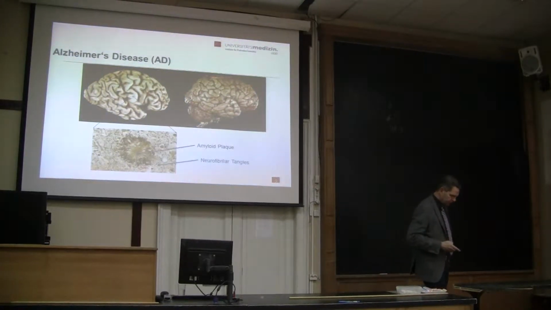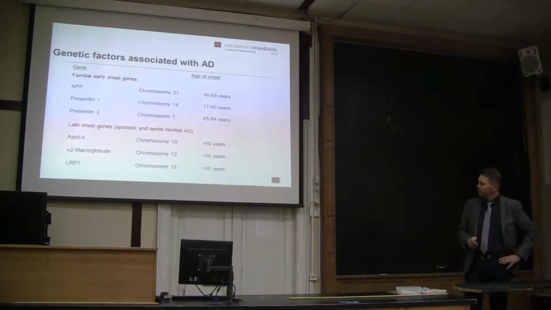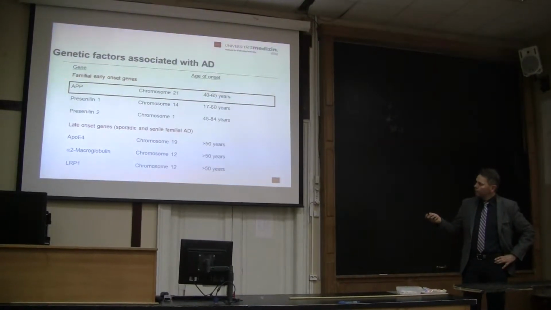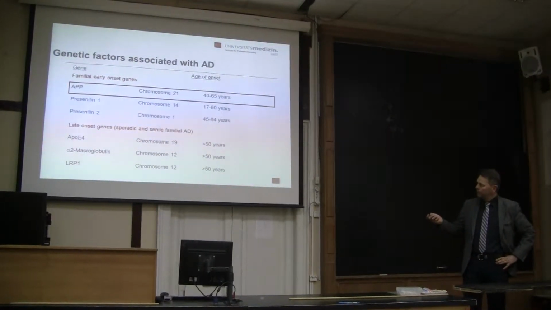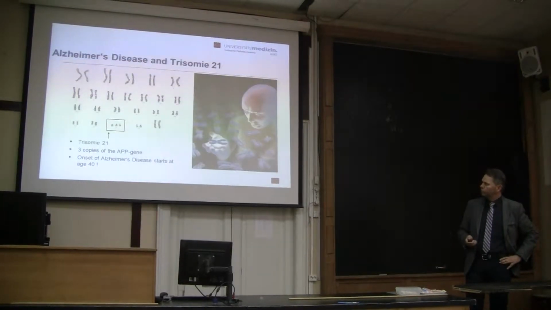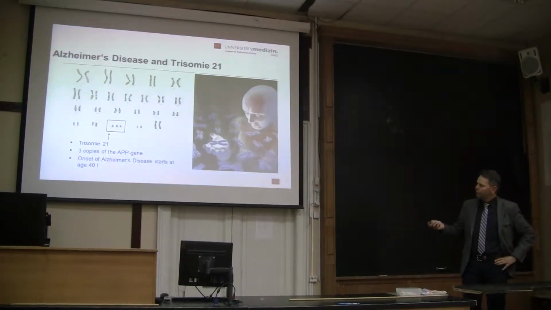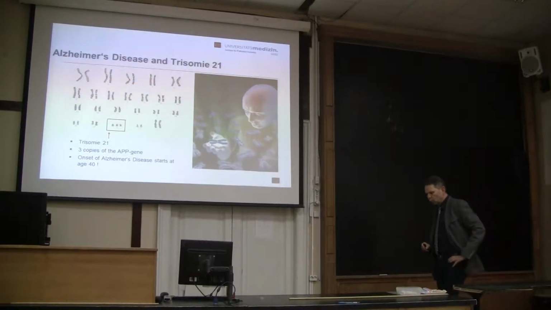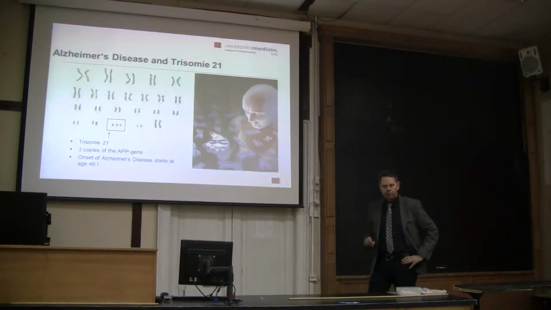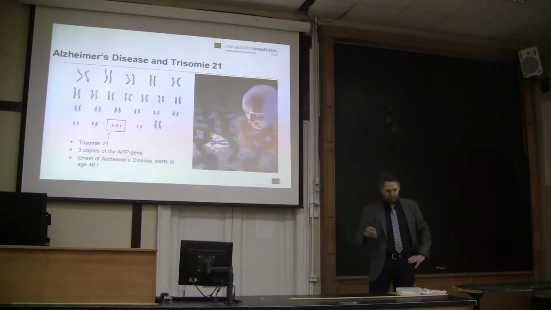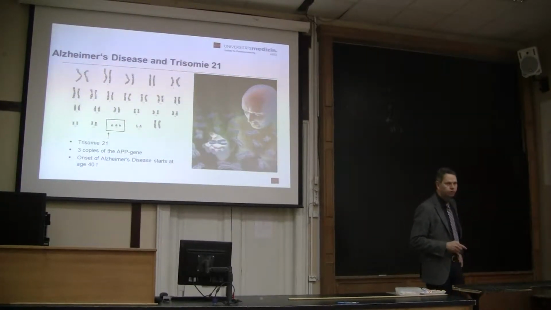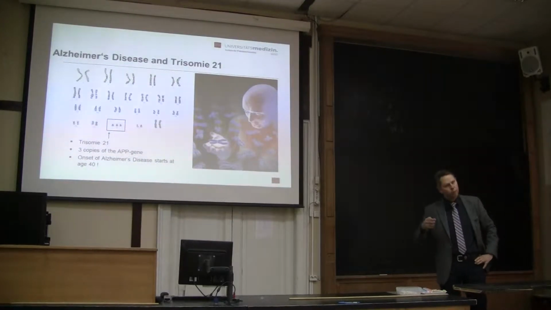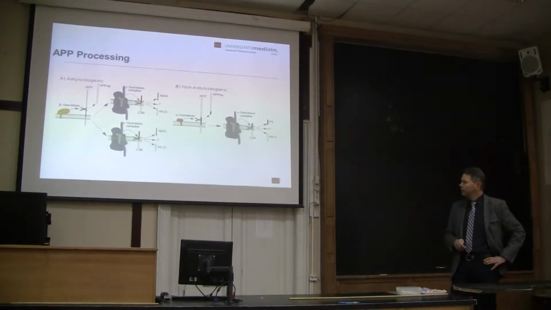So, as you know, of course, we mentioned this now a couple of times. We have these amyloid plaques derived from the beta peptide. And we said the driving factor basically starts with the APP gene localized on chromosome 21. Most people who have trisomy 21 will develop Alzheimer's early in life, starting around 40 years of age, because they produce more beta peptide since they have an additional substrate for the enzymes.